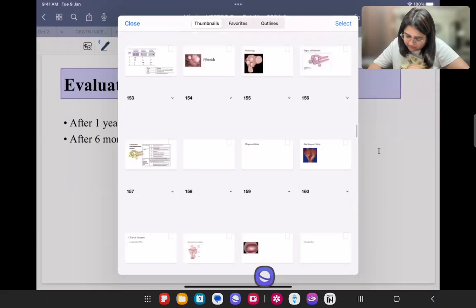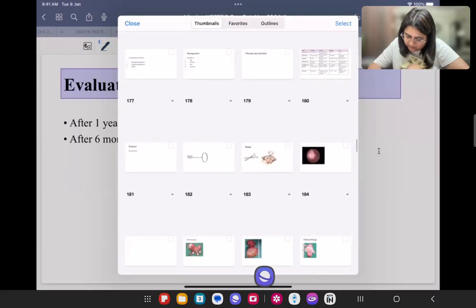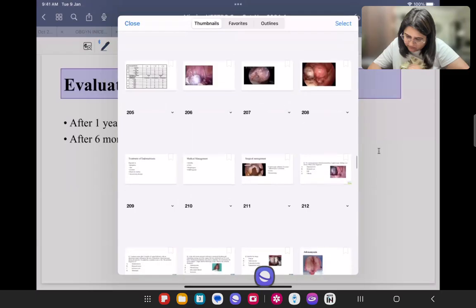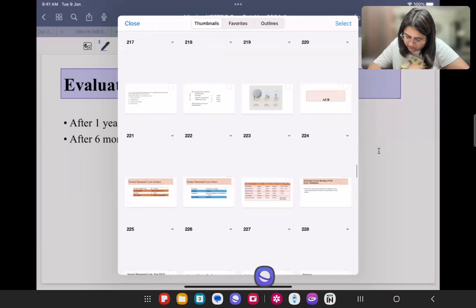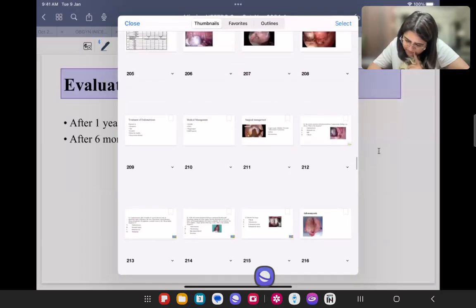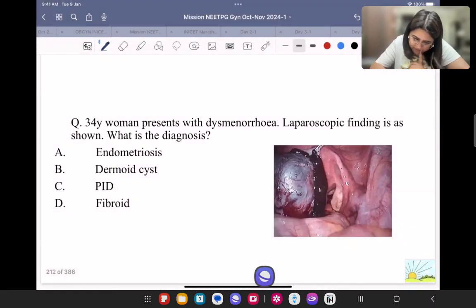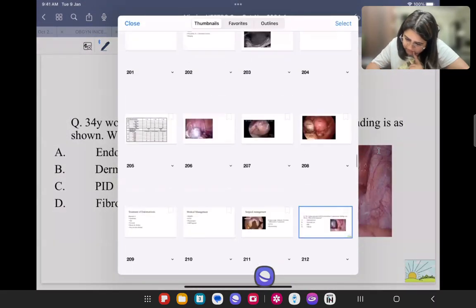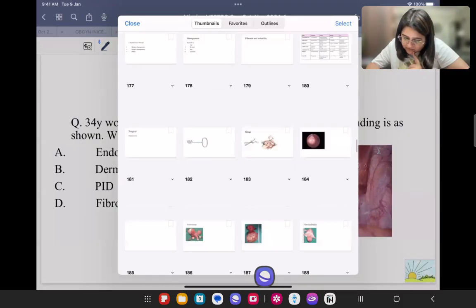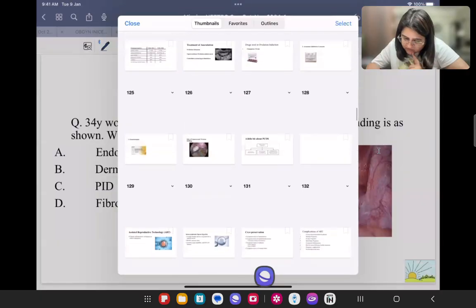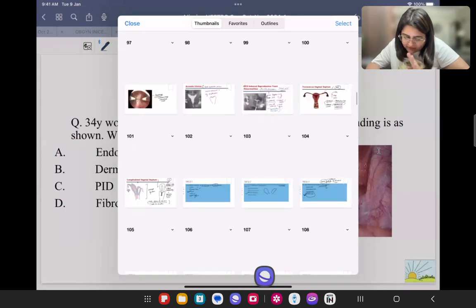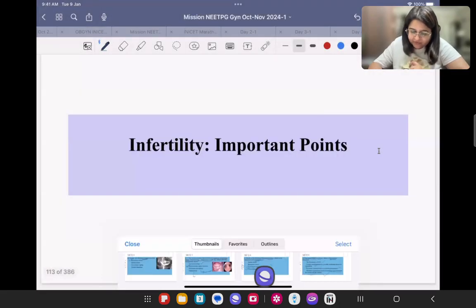Yes, I had put it. Can anybody find where I put it? It will come somewhere, because I did put it in the morning only.